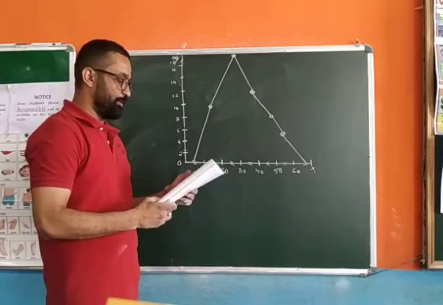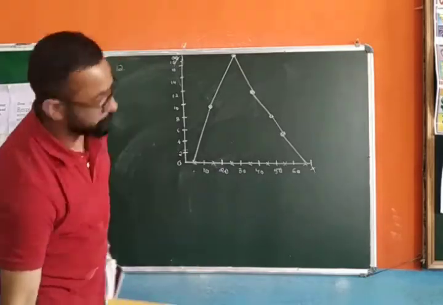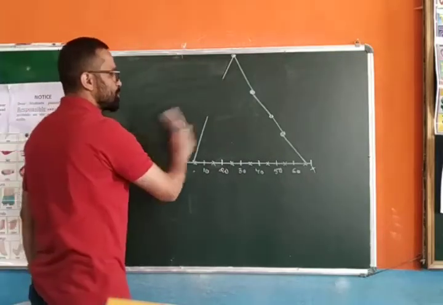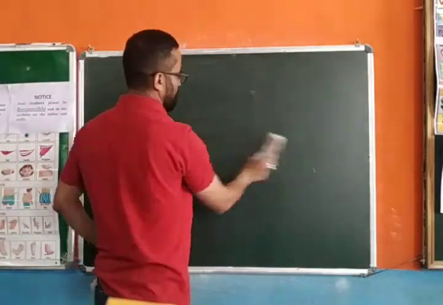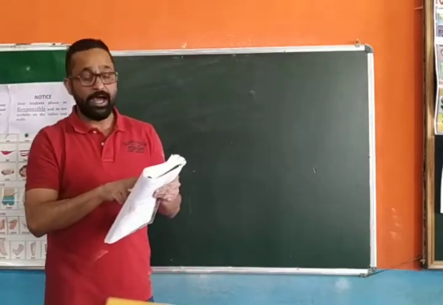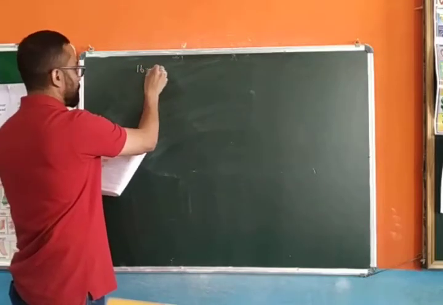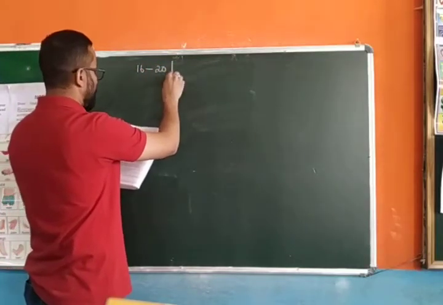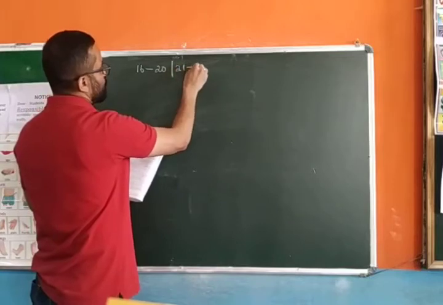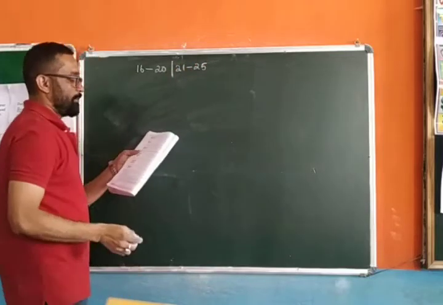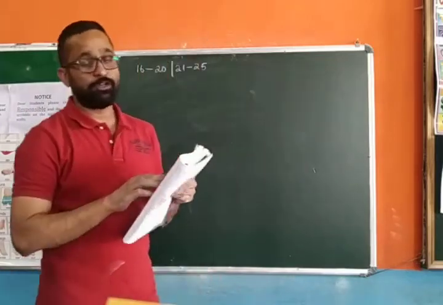Look at question number 13 now, the last question. Same questions you practice. The question tells you that in a class of 90 students, marks obtained are given below. If you look at the class intervals, it is 16 to 20, next 21 to 25, then 26 to 30, 31 to 35.